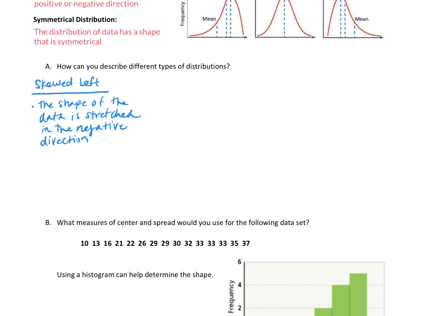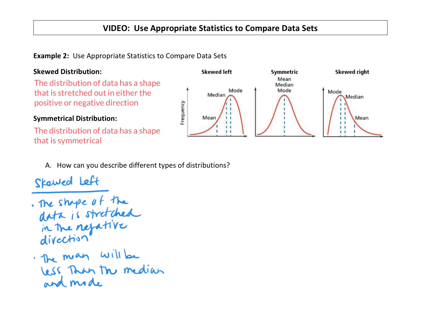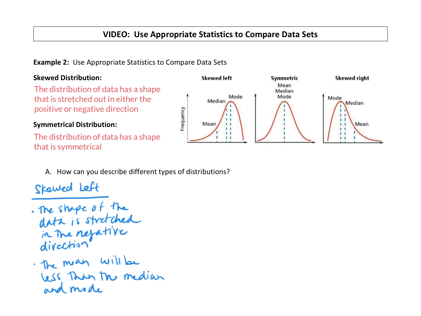The mean will be less than the median and mode. If we take a look at a skewed left distribution right here, you can see the median and the mode are here and the mean is to the left of that.